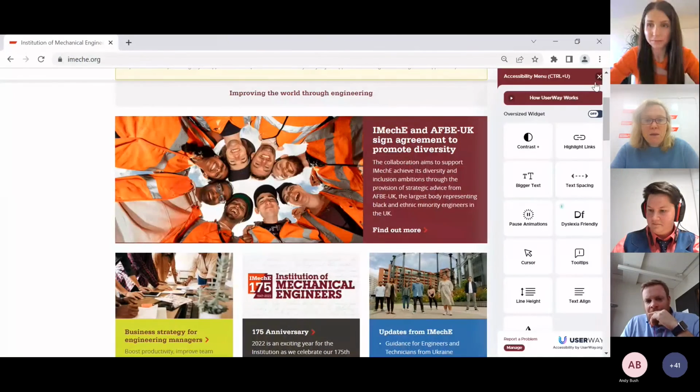You can change it to dyslexia-friendly fonts. It allows you to increase the size of the text. It allows you to increase the contrast. And it also allows you to create a bar, so you can just highlight the area of text that you're reading and allow this bar to move up and down the page. It's really good. So I definitely ask people to have a look at that.